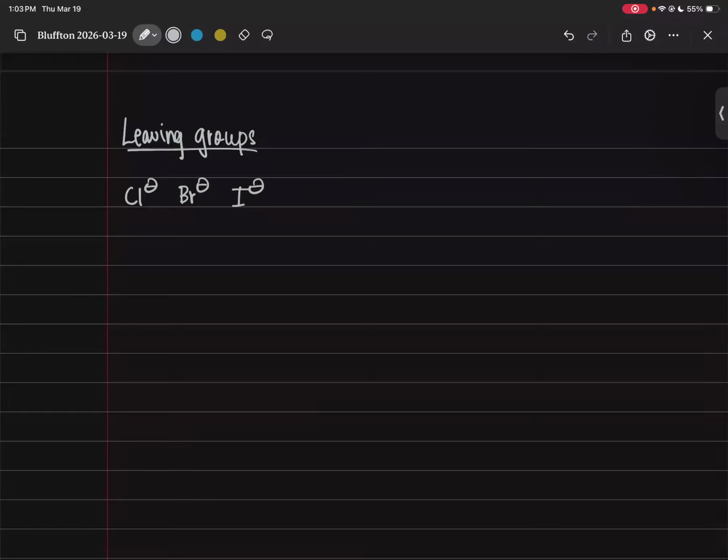And these are good leaving groups, obviously, because I've shown you them acting as leaving groups. Are we missing a halogen? Yeah. So fluoride, F minus, is a poor leaving group.